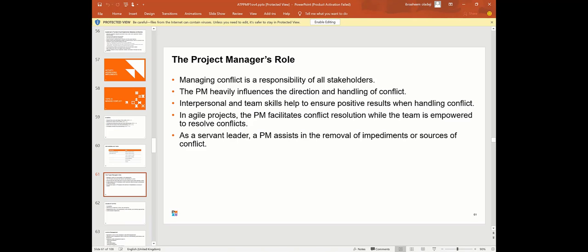And that is one very important thing that separates the Scrum Master in Agile from the project manager in traditional project management. In traditional project management, the project manager is a boss. But in Agile, the Scrum Master is a servant leader.